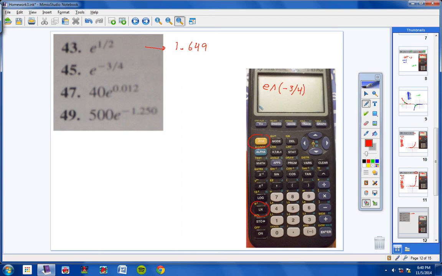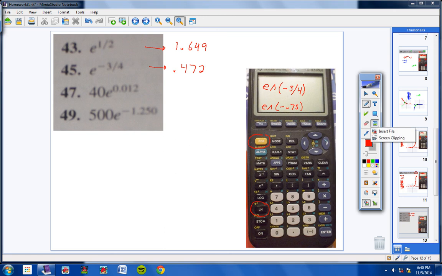Or you can put E arrow and then -0.75 if you want to. Either way, what you should get is this. I'm getting 0.472 rounded, and that is the correct answer. All right, moving on to number 47 here.